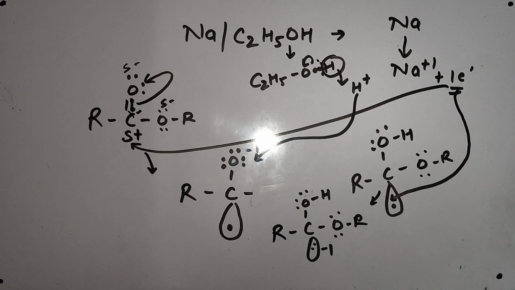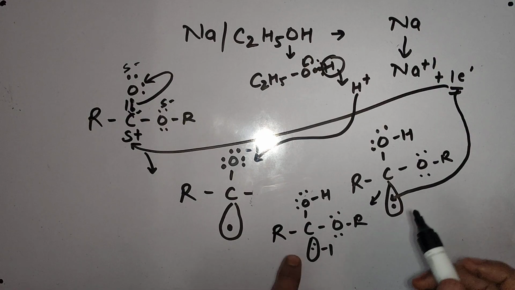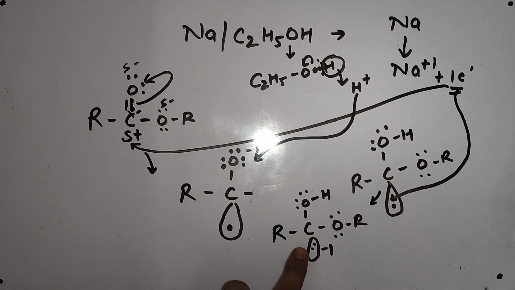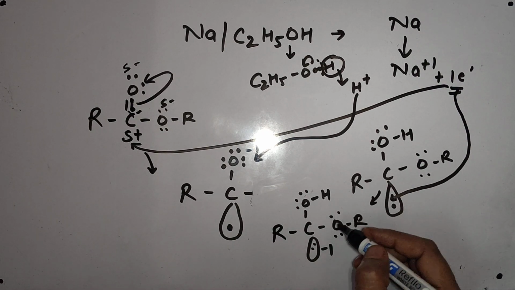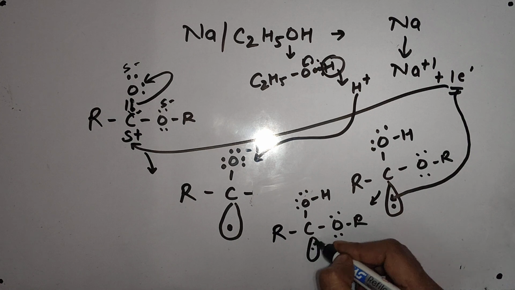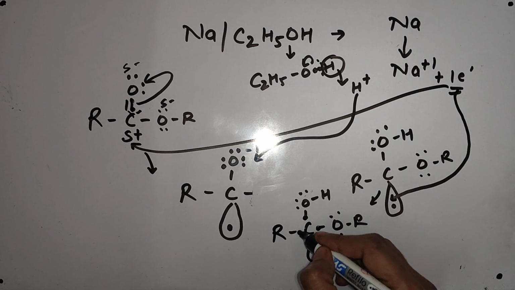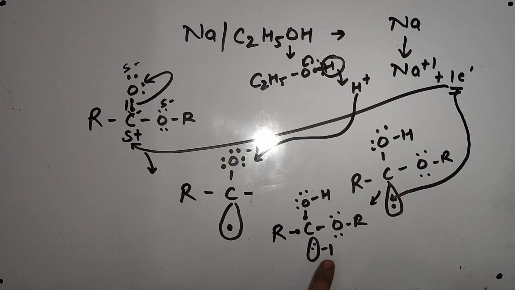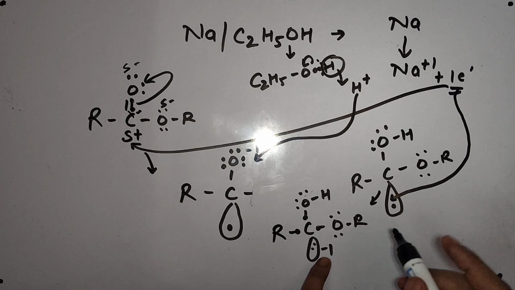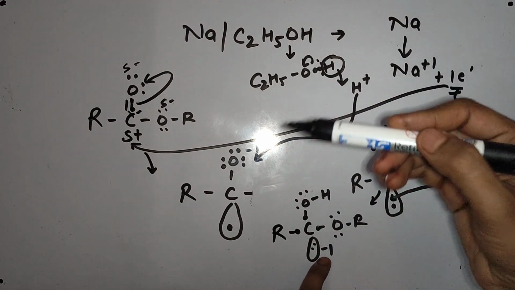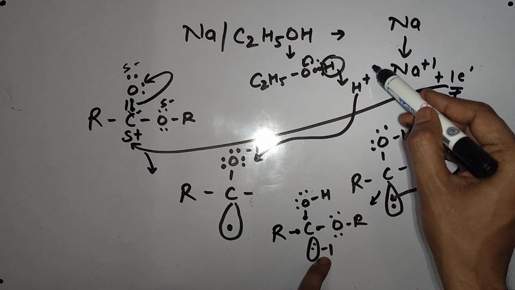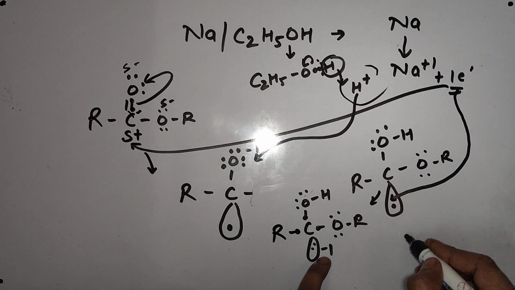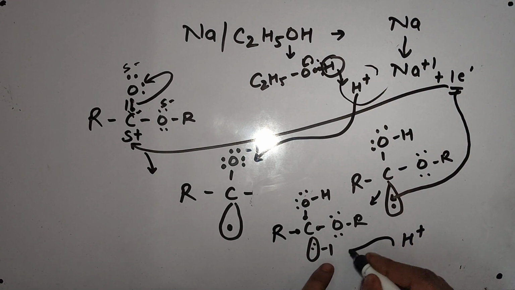Because this is the extra electron which carbon is accepting, a negative charge will generate here. Normally it has 4 electrons around it, but here it has 5: 1, 2, 3, 4, 5. That's why it is carrying one extra negative charge. This negative charge will be satisfied by another ethanol molecule, which will provide another H positive, and that H positive will combine with this carbon.